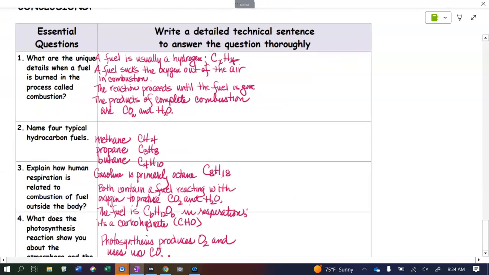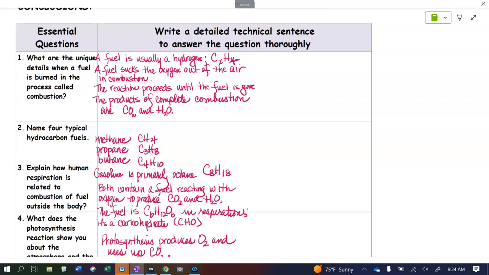Now the idea of the unique details: a fuel is usually a hydrocarbon, with carbon and hydrogen in it. A fuel sucks the oxygen out of the air. The reaction proceeds till the fuel is gone, and the products of complete combustion are CO2 and H2O.